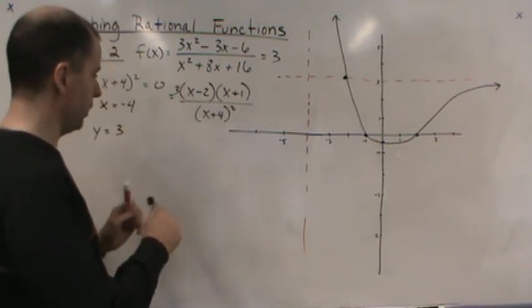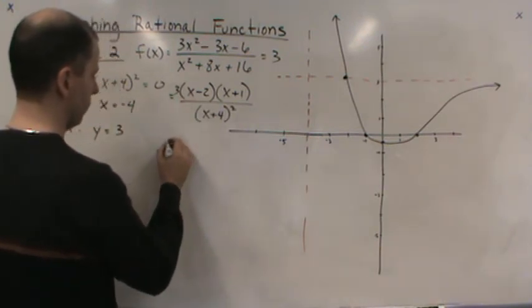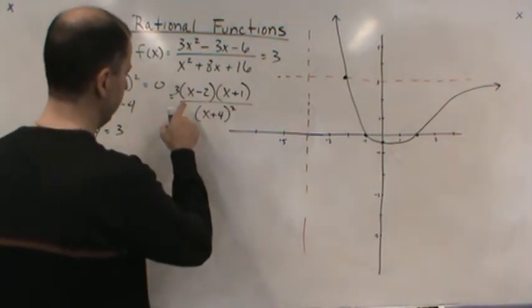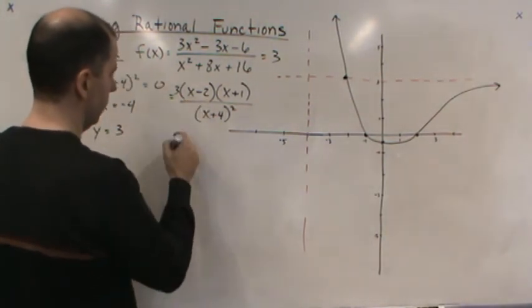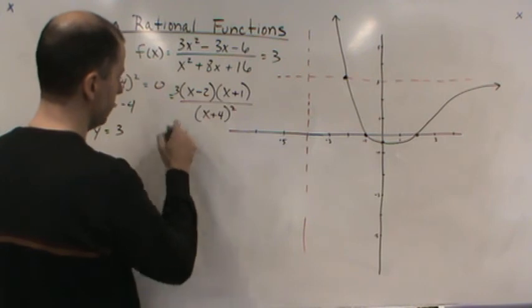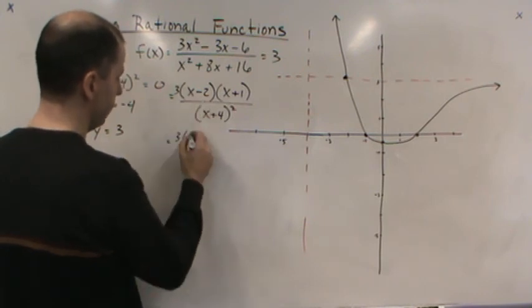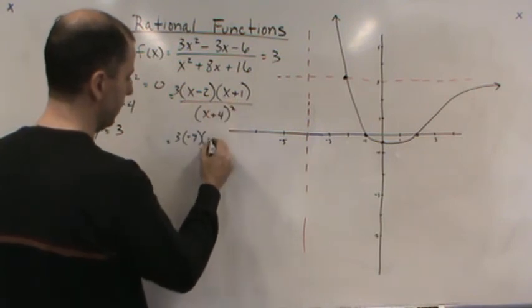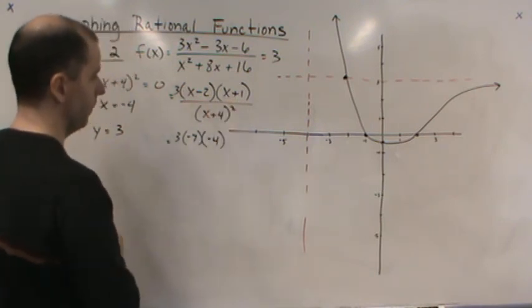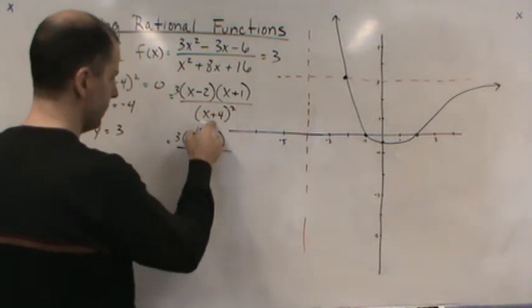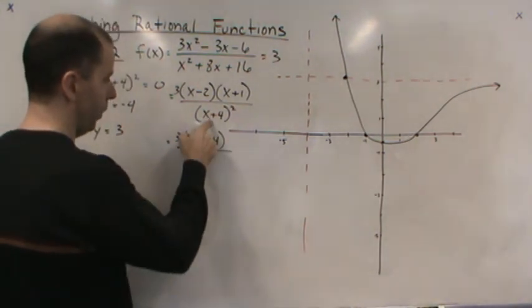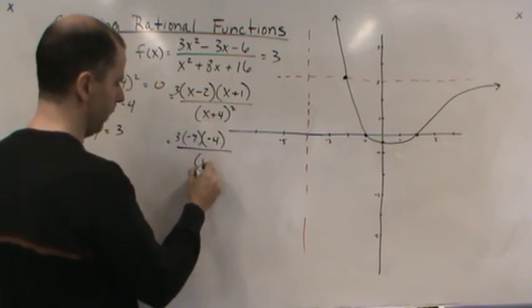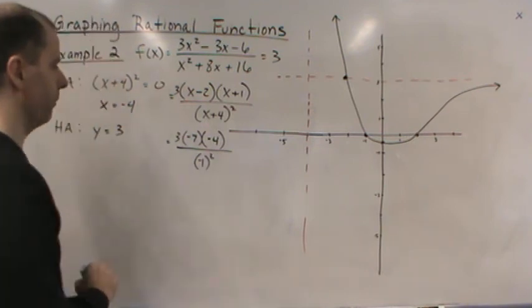Well, this is going to be 3 times negative 5 minus 2, which is negative 7. This is going to be a negative 4. And of course, this is going to be negative 5 plus 4, so it's going to be negative 1 squared, but still it's going to be 1.